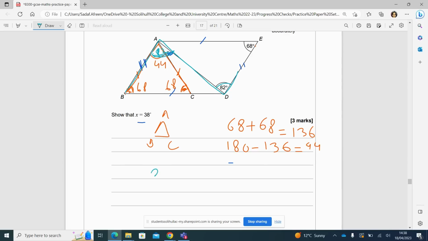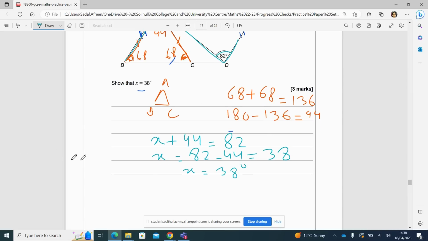So that means that X plus 44 must equal 82. So the value of X will be 82 minus 44, which gives you 38. And that's the answer. X equals 38 degrees.